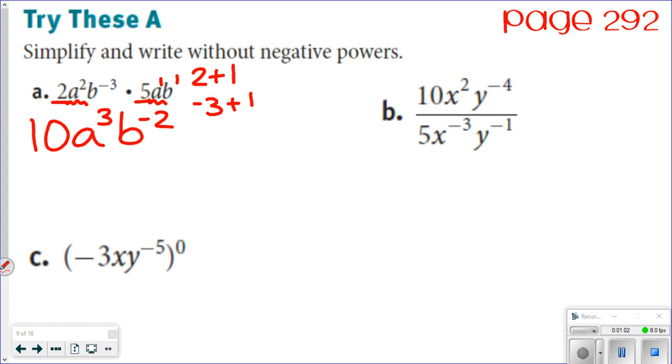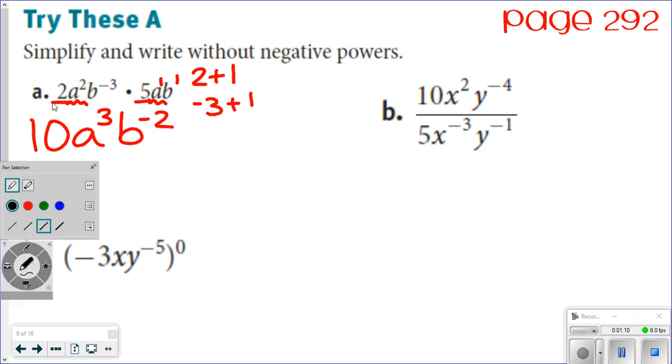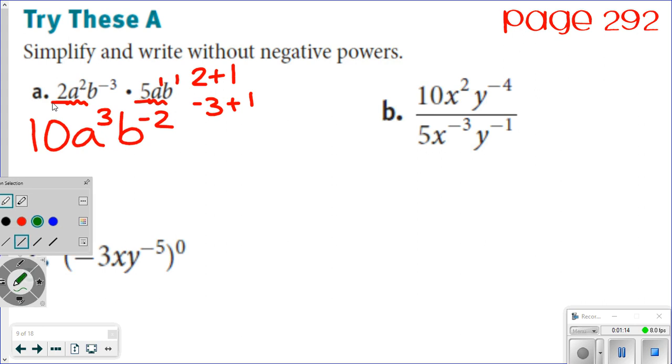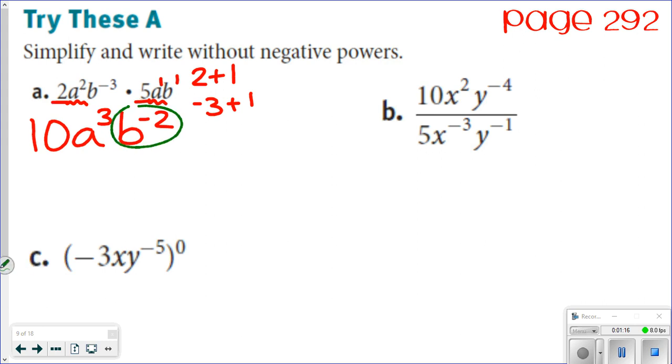Now, I cannot leave my answer like this. So what I need to do is clean up this question. And how I do that is I get rid of this negative. So I need to take this and move it to the bottom, and I need to make it a fraction.